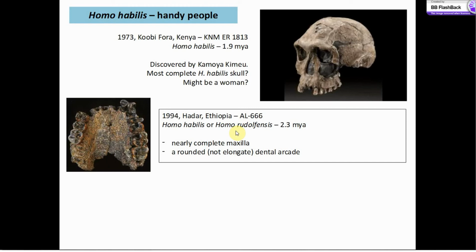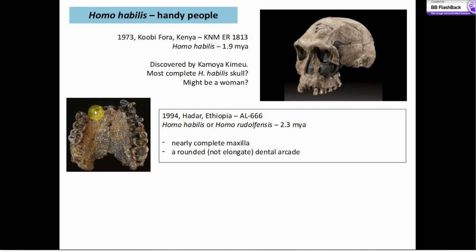And the reason they do that is because it existed so far before other Homo habilis specimens. Although other authorities note that it's within the range of measurements that one would expect for a Homo habilis. At any rate, what makes it a Homo and not an Australopithecus is this rounded dental arcade.